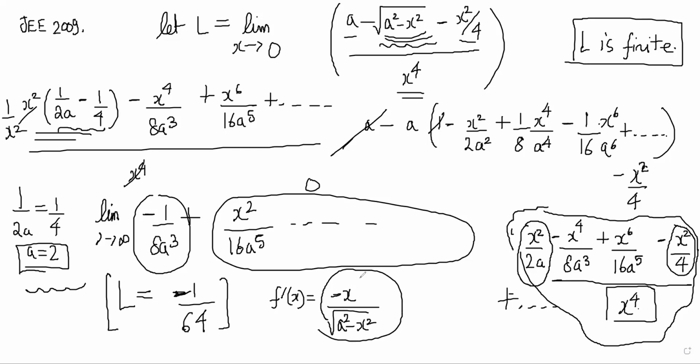You have to use the binomial theorem on a square minus x square to the power half. The way to do that binomial is take a square outside, make it 1 minus x square by a square to the power half multiplied by a, and then expand this part. Yep. This was JEE 2009.